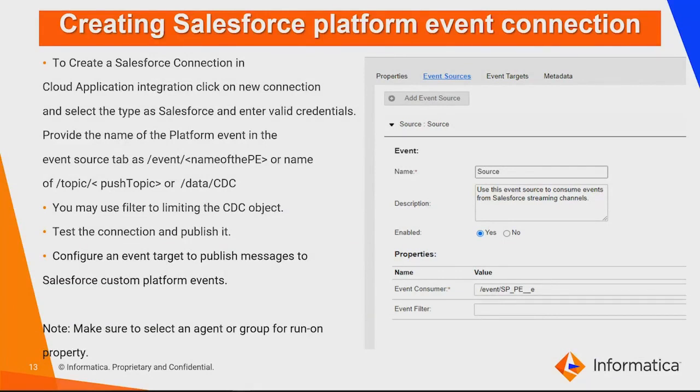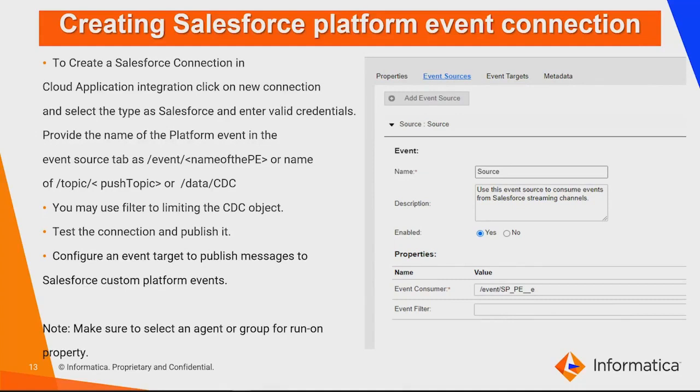To create a Salesforce connection in cloud application integration, click on new connection and select the type as Salesforce and enter the valid credential. Provide the name of the platform event in the event source tab. So in case you are creating a connection for a platform event, then you need to prefix with /event and with the name of the platform event. In case you are connecting to a push topic, then you should prefix your event source with /topic followed by push topic name.